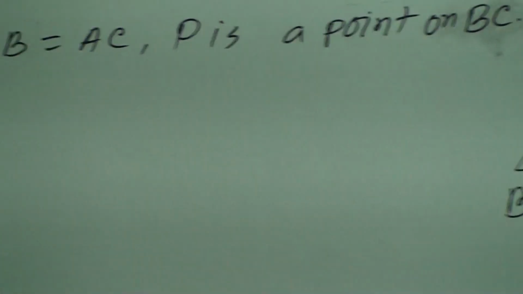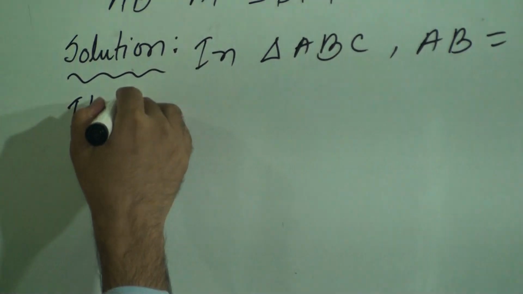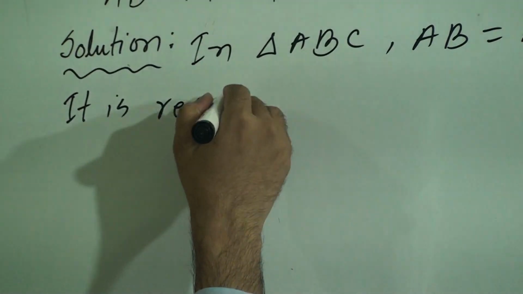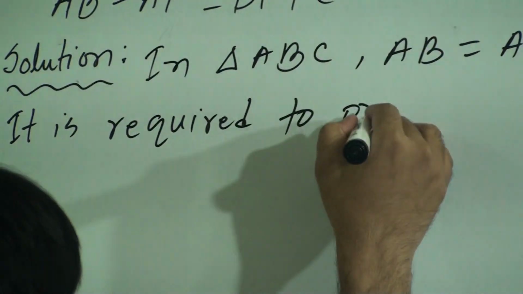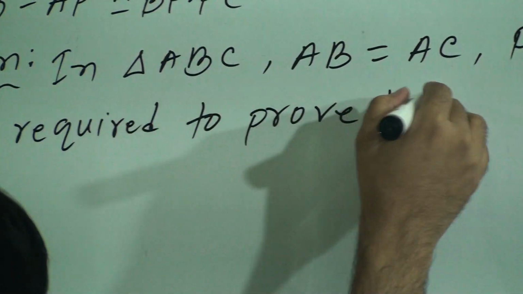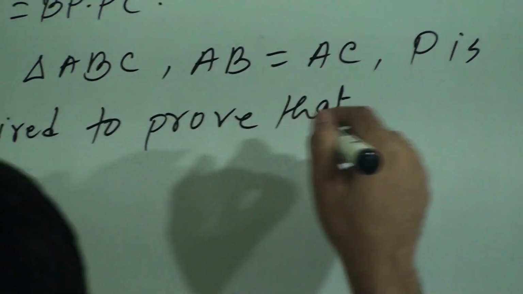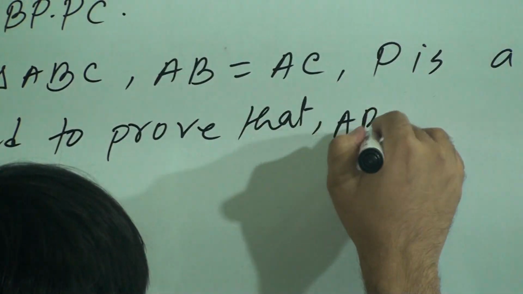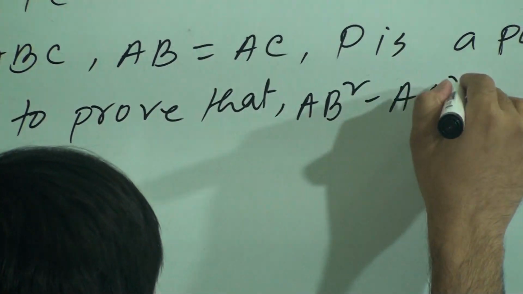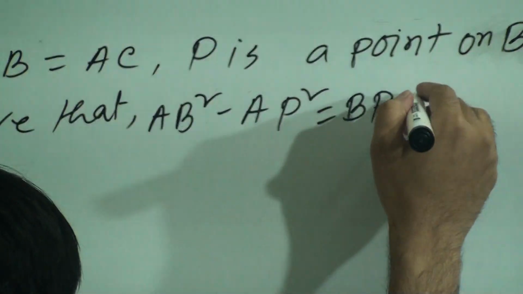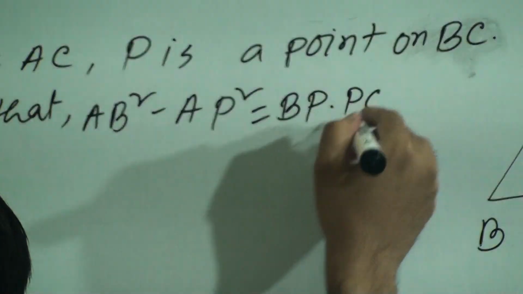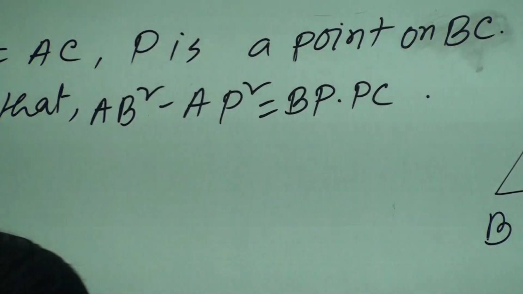It is required to prove that AB square minus AP square is equal to BP into PC. We need to prove this.